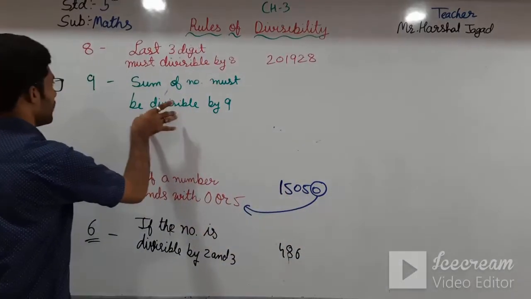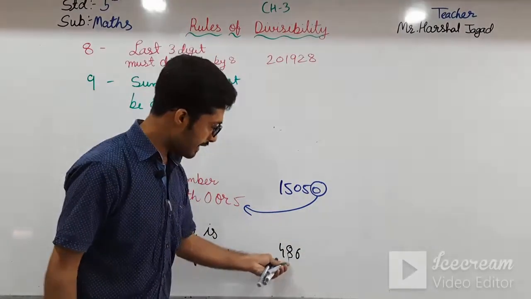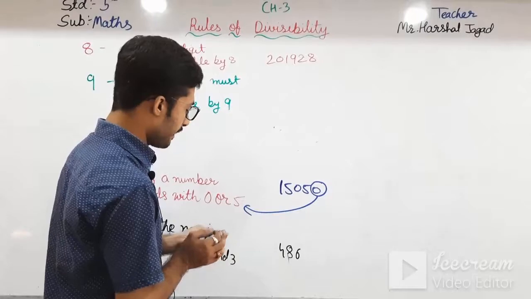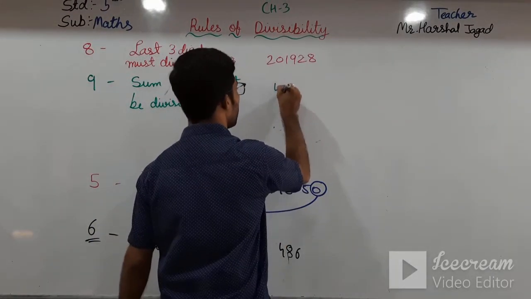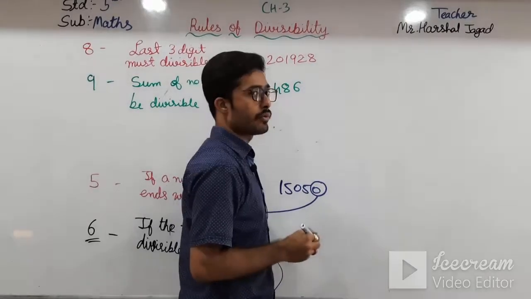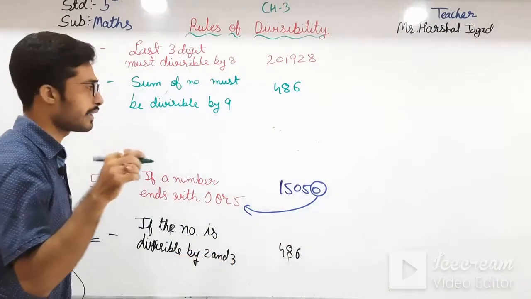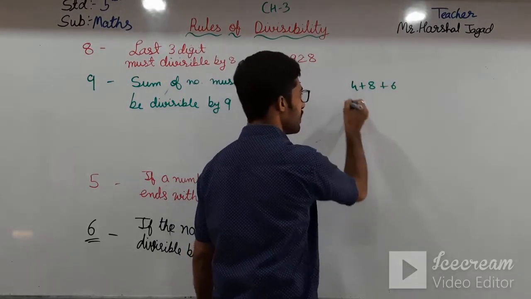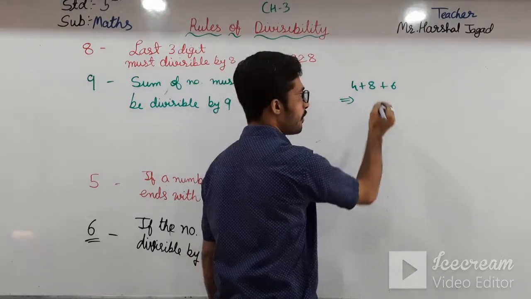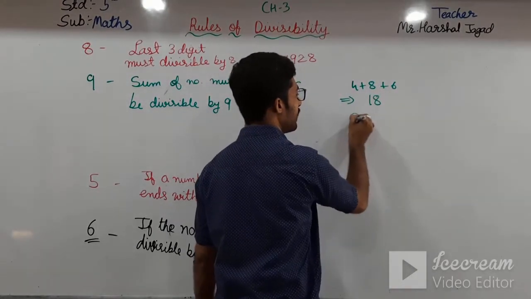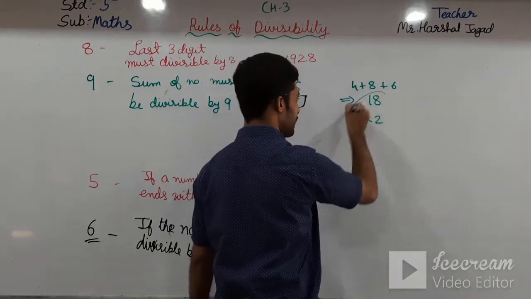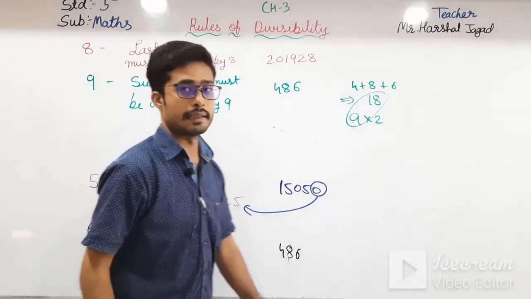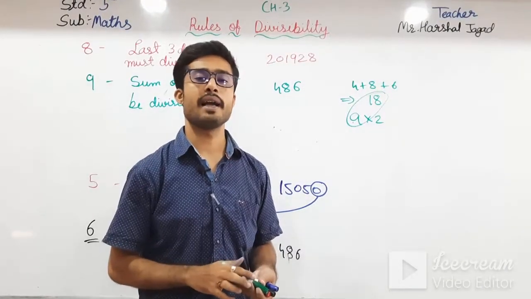For 9, take this example only, 486. We do 4 plus 8 is 12, 12 plus 6 is 18, then 9 into 2. Yes, it is divisible by 9.